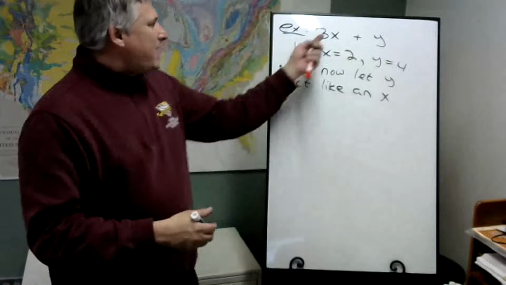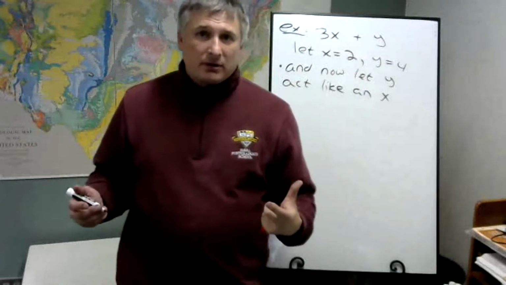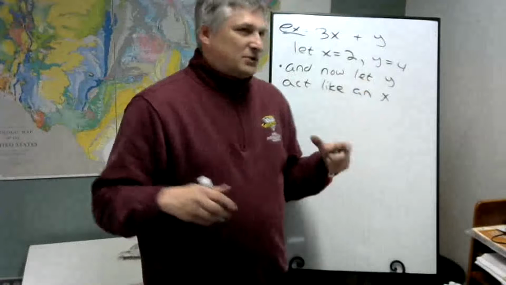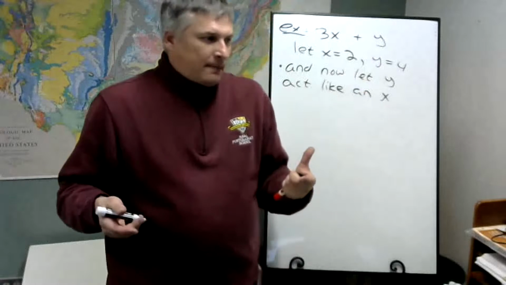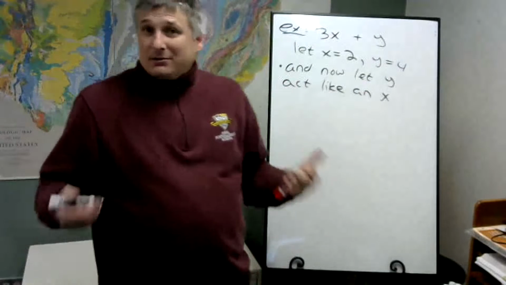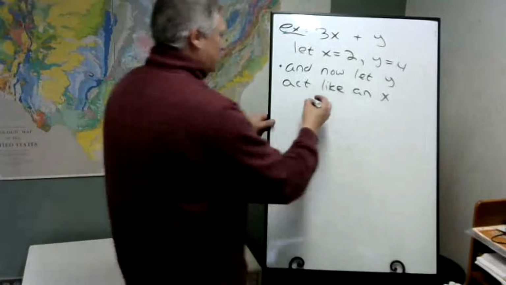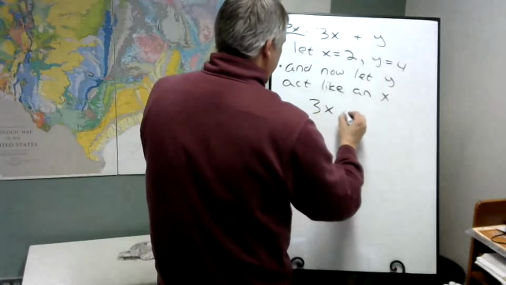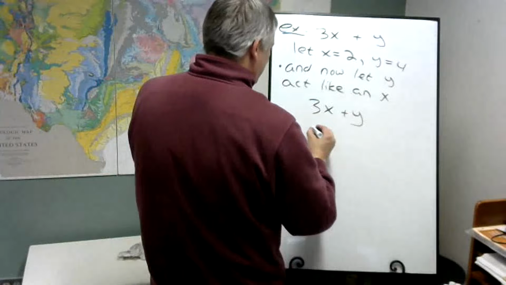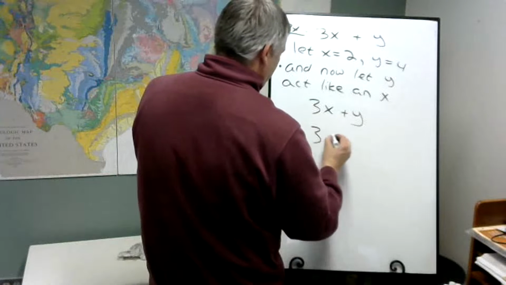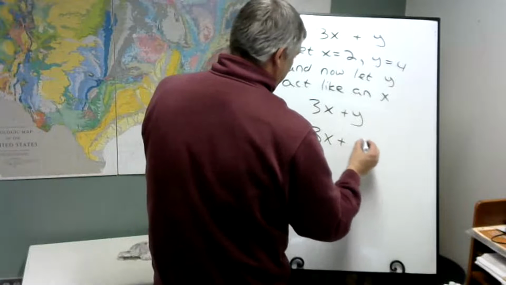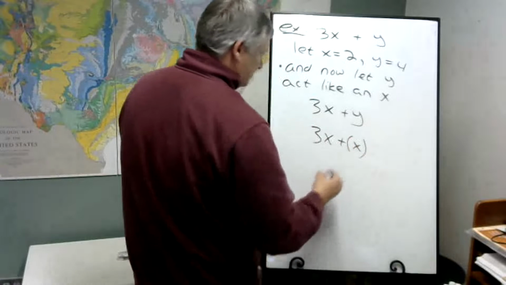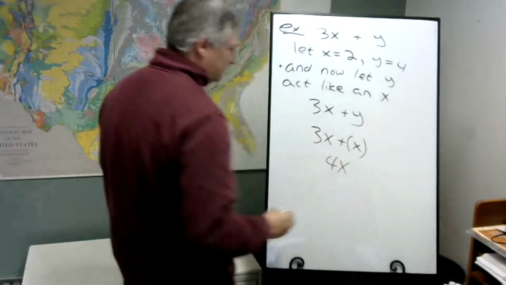Now, the idea here is x and y are free to be two different numbers. But if y is just going to be like another x, well, then y doesn't get to be its own number. So our 3x plus y now becomes 3x plus x, and so we get 4x.